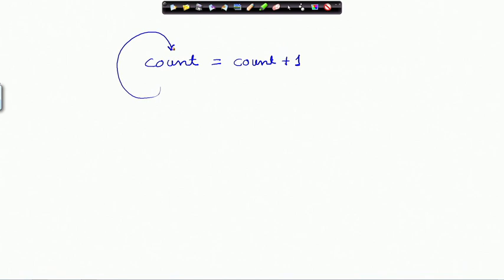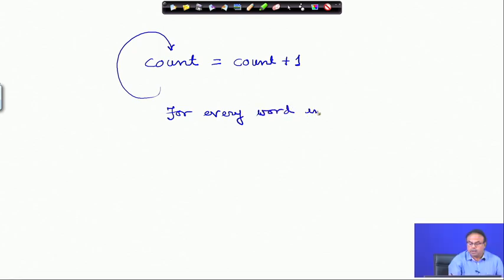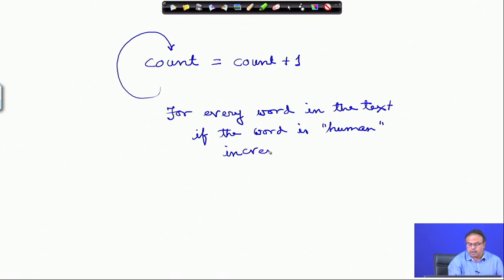So, I can write that down as: for every word in the text, if the word is human, increment count.